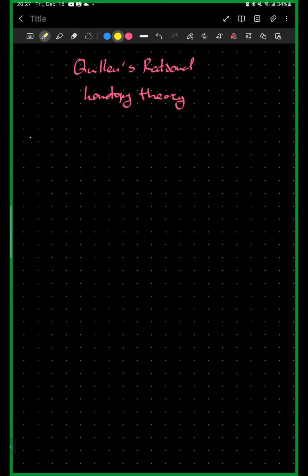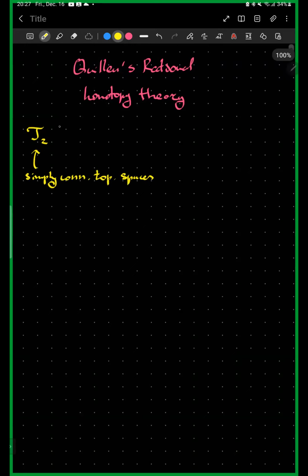Okay, so the basic idea of Quillen is that if we start from, I will use his notation, the category of simply connected topological spaces, then we can, first of all, make a replacement, replacing a simply connected topological space by a reduced simplicial set.